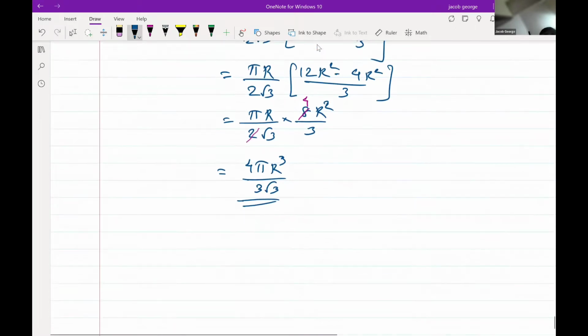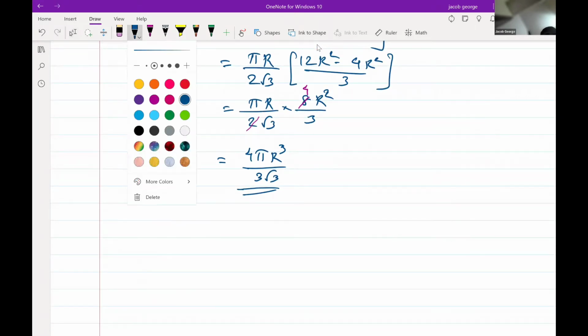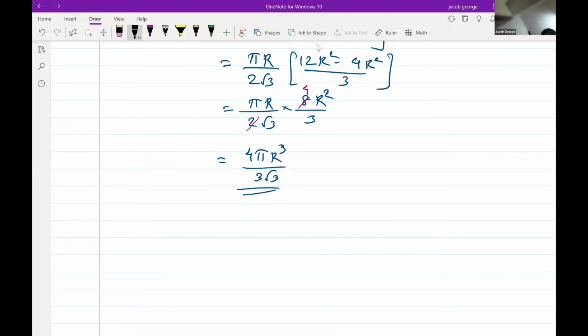Okay, so now the next question. This is a worked out example from the miscellaneous exercise of NCERT. Please write.